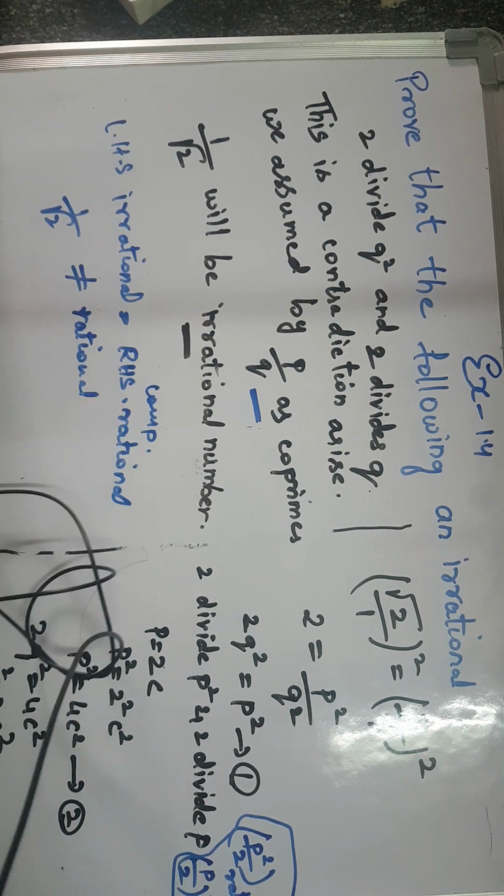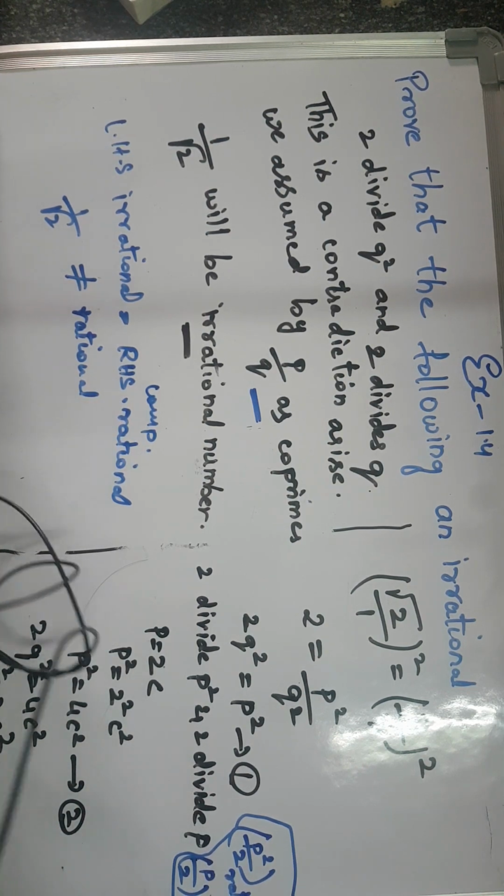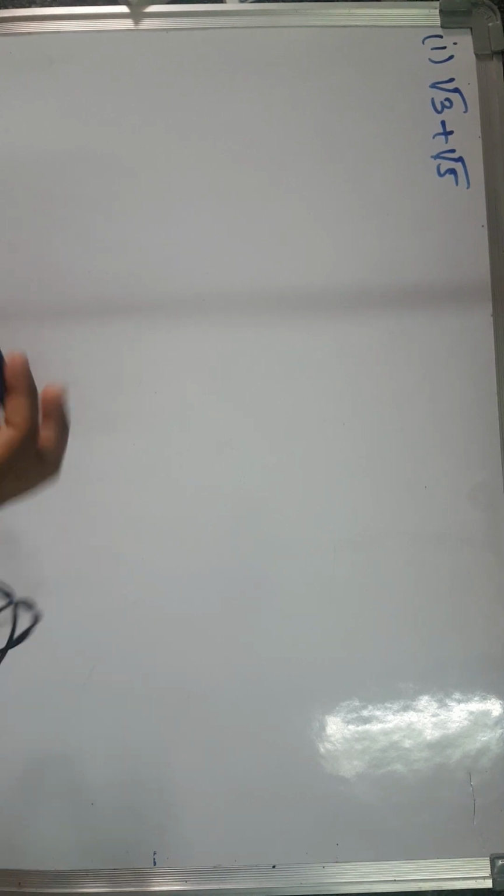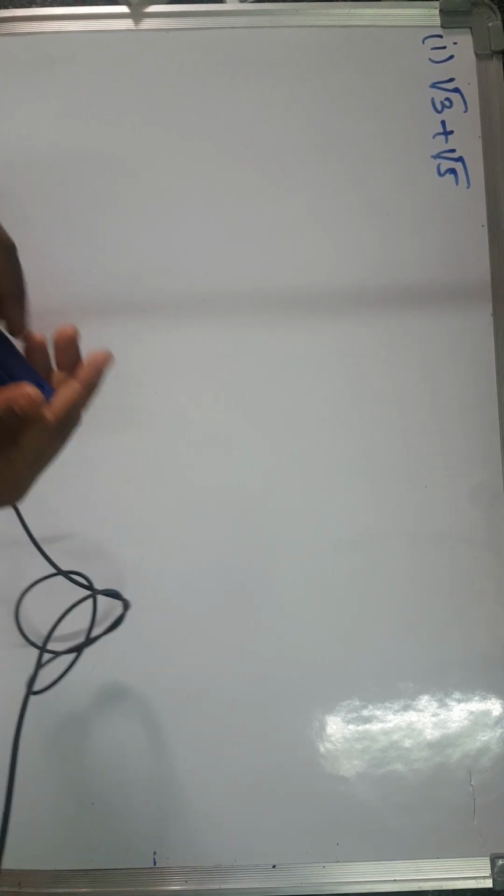Let us continue with the second question. All the answers follow the same process, but the questions will be different. Okay, 1 or 2 steps will be different for the others.